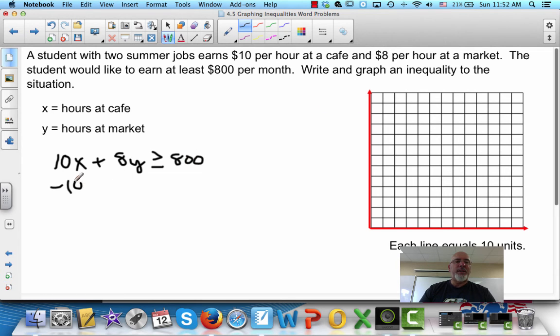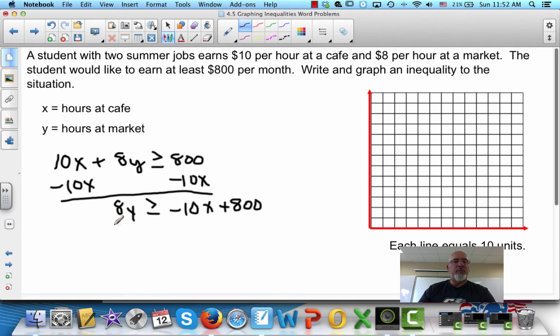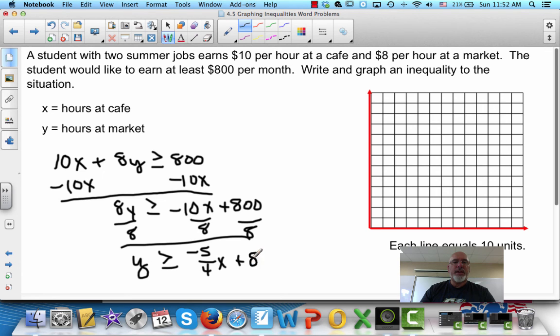We go minus 10x, minus 10x, because you want to get it in slope-intercept form, so that's going to give you 8y is greater than or equal to negative 10x plus 800. We'll divide everything by 8. And that gives us y is greater than or equal to negative 5 over 4 x plus 80.